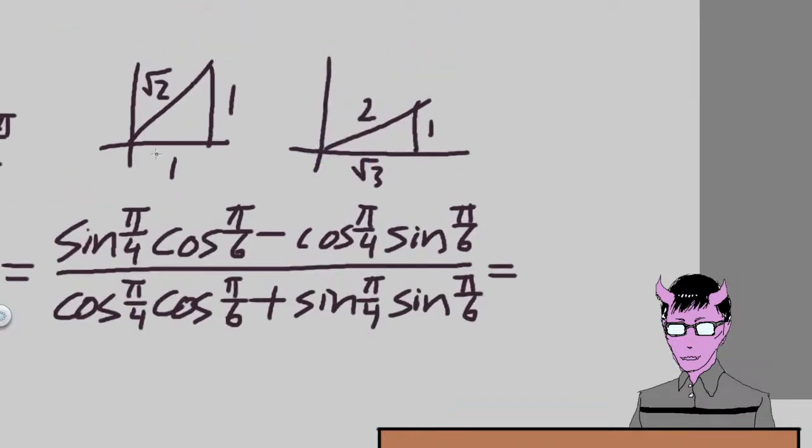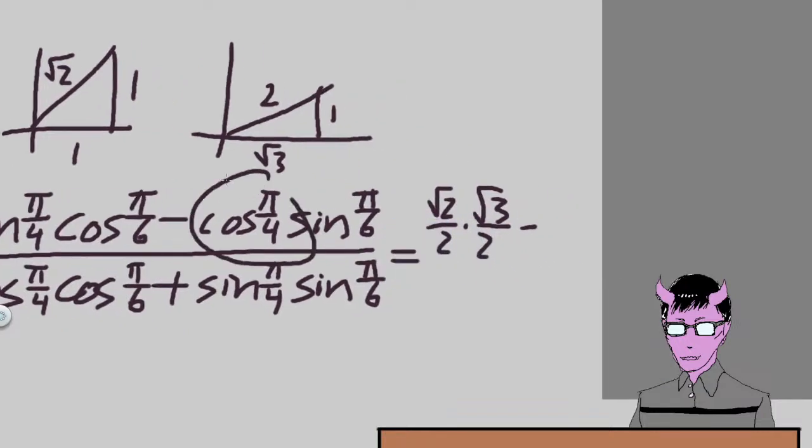Alright, here we go. This is going to be root 2 over 2, standard. This is going to be that one, root 3 over 2, minus minus, cosine root 2 over 2, 1 over 2.